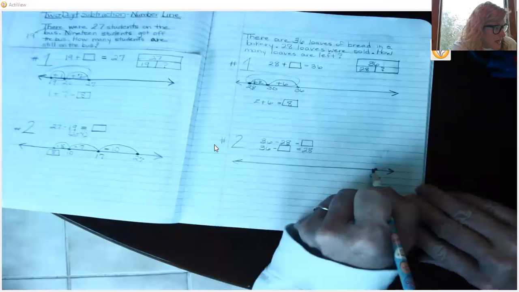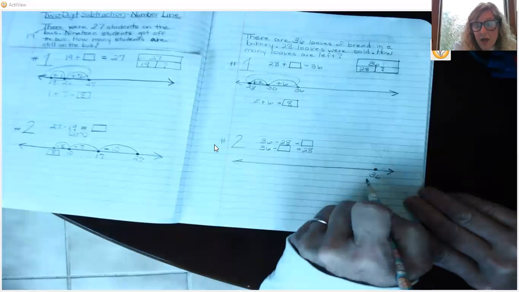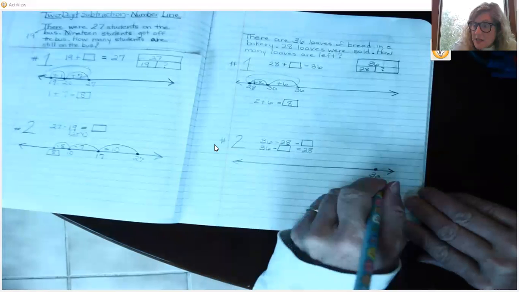Can we go back 10? Well, if we take 10 away from 36, we would end up at 26, which is too much, just like we were talking about up here. So we are going to go back to the next number that ends in a 0 or a 5.